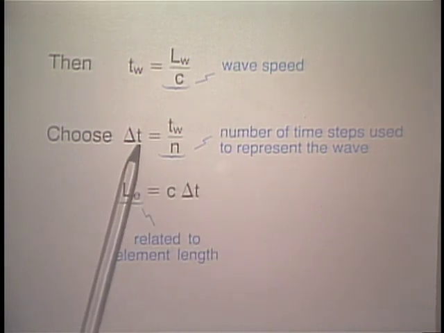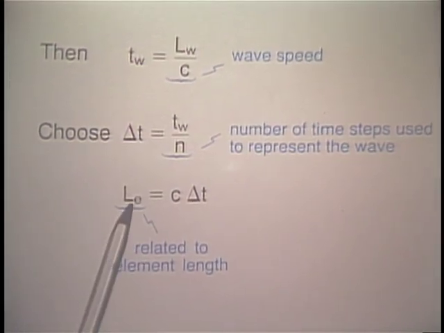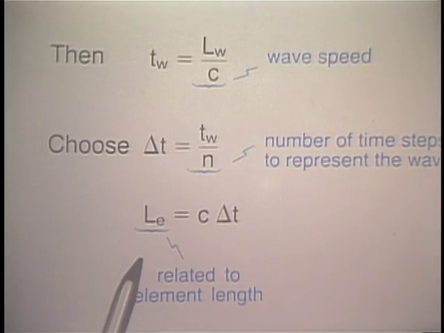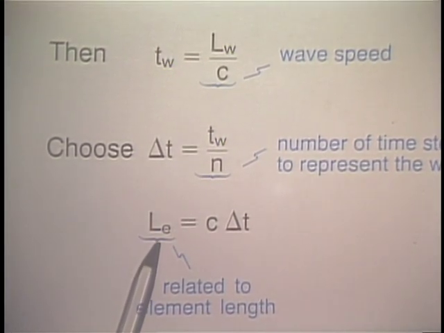With delta t now known, we directly get L_e, which is the element length. Well, I should not quite say it's the element length, it's related to the element length. For very simple problems, and particularly for problems that are modeled using two-noded truss elements, actually L_e would be the element length.